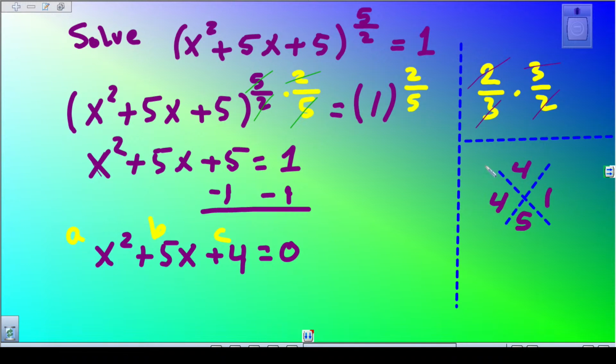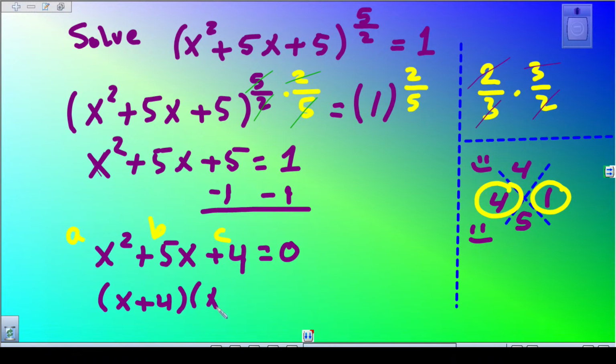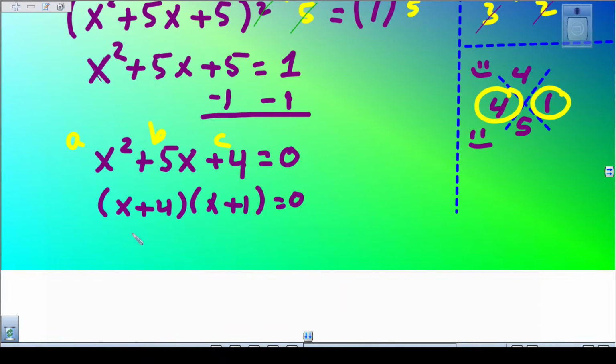I multiply these, I get 4. Here's a happy face for that. And I add them, I get the bottom. Here is a happy face for that. Also, since A equals 1, there's a 1 here. That means I'm ready to circle these as my factors. These are not solutions again. These are just the factors. And I'm going to put them here. X plus 4 and then x plus 1 equals 0. And let's keep going here.